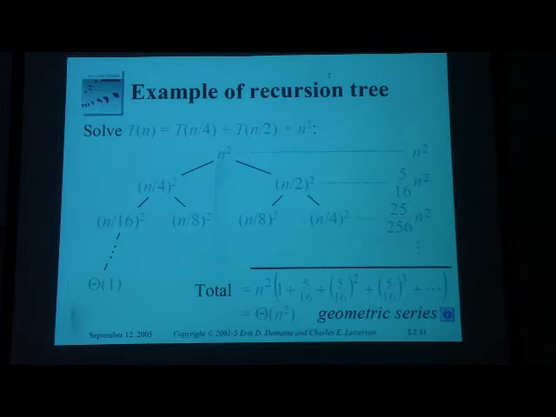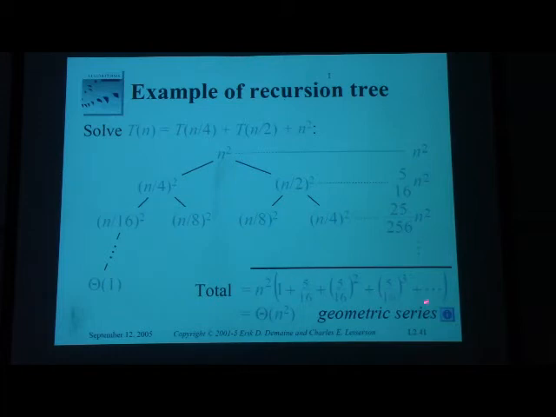Well, 5/16 is less than 1. When you take 5/16 to a big number, it's going to go to 0. So what you're going to get is 1 minus 0 over 1 minus 5/16, which is 4/16. Dividing by 4/16 is like multiplying by 4. What you're going to end up having is this will all converge to 4, even if it goes on to infinity.